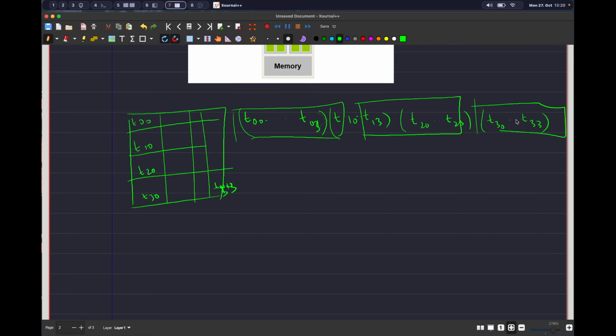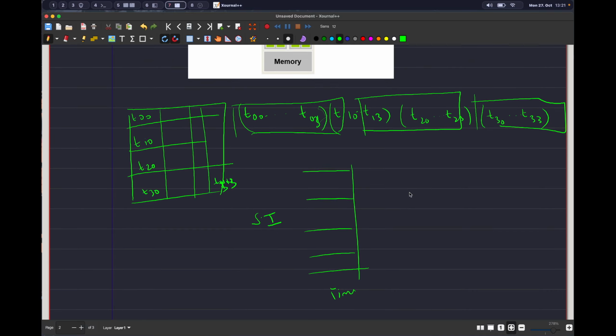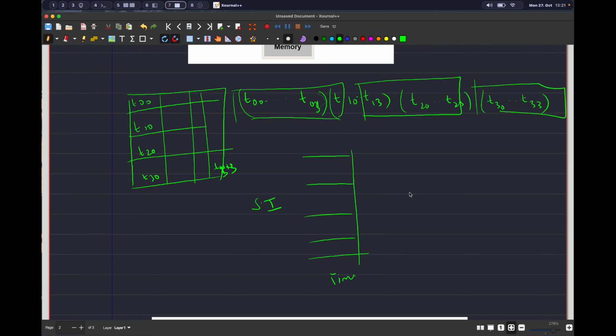Now, our streaming multiprocessor is designed such that it has to execute all the threads in a warp following a single instruction. So all the threads in a warp execute simultaneously. They are executing the same instruction at the same time, but on different data.